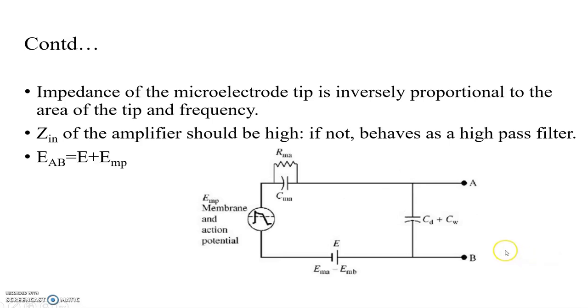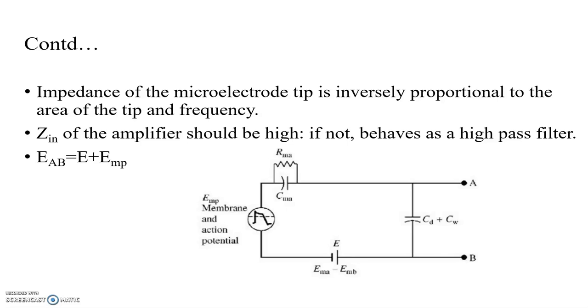This is the approximate equivalent circuit of the previous circuit. Since the area of the reference electrode is many times greater than that of the metal electrode tip, whose cross-sectional area is very small, its impedance is negligible, so the impedance of the microelectrode tip is inversely proportional to the area of the tip and the frequency.